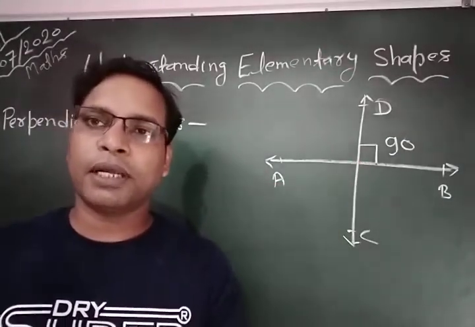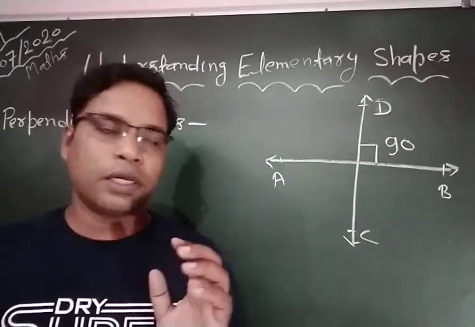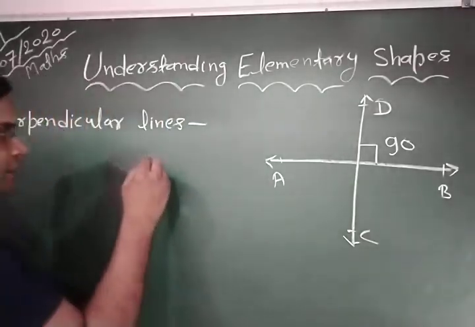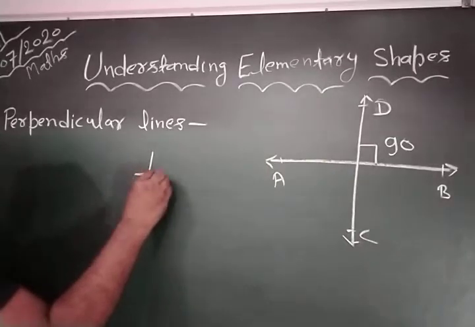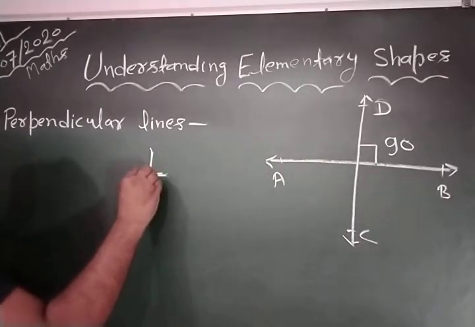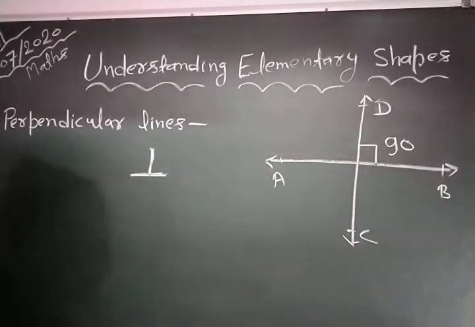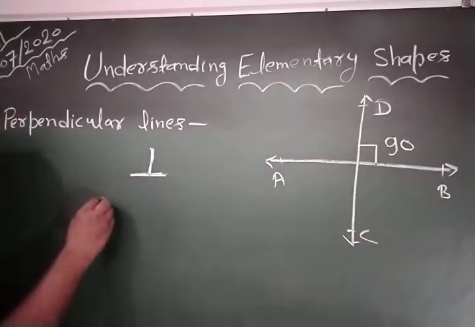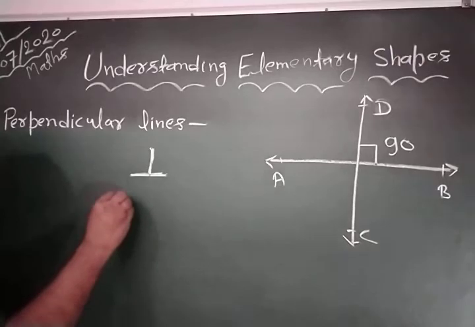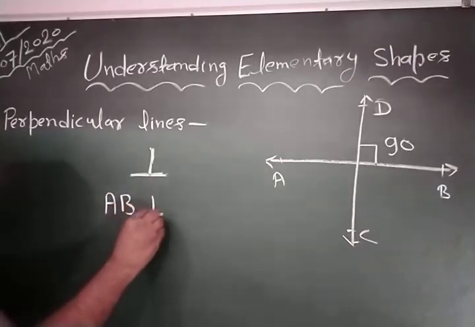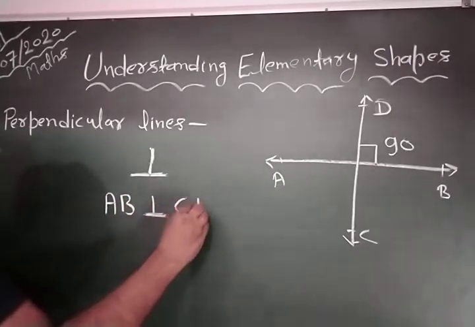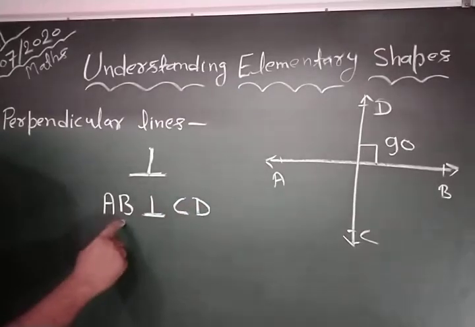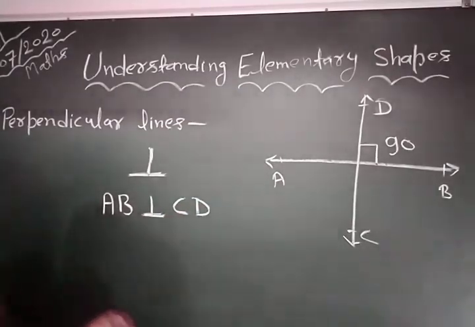The symbol of perpendicular you can see here, like this. This is the perpendicular symbol. If you write AB perpendicular to CD, we write AB perpendicular to CD, line AB perpendicular to line CD.